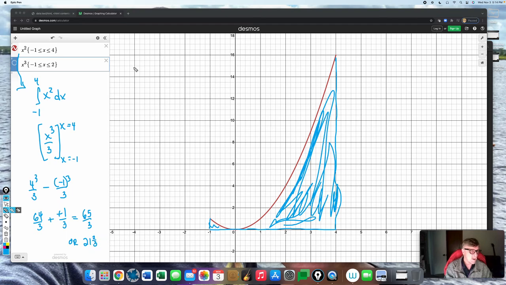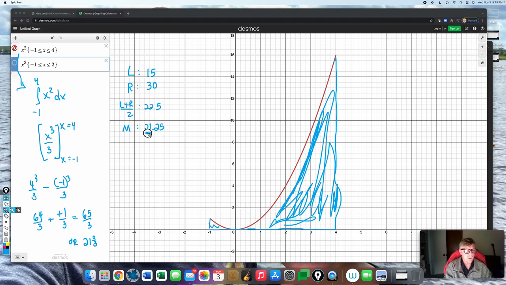So remember our left-hand sum and our right-hand sum. The left-hand sum was 50, right-hand sum was 30. The average was 22.5. And I don't remember what the midpoint sum was. I think it was 21.25, if I remember correct, or maybe 22.25.